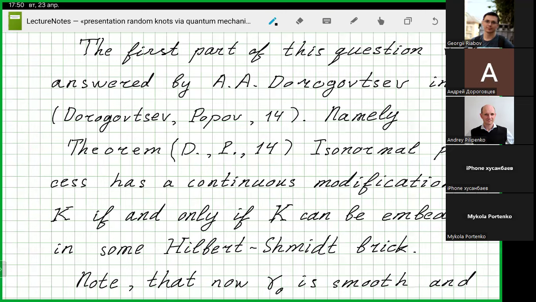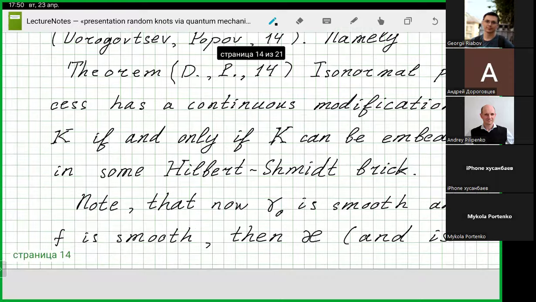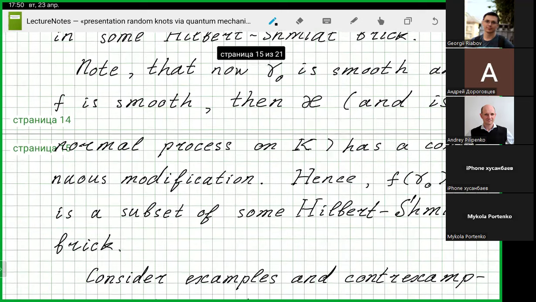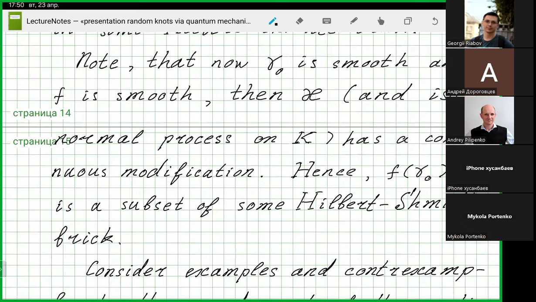Now suppose that gamma 0 is smooth and F is smooth, then kappa has a continuous modification. Hence, F of gamma 0 is a subset of some Hilbert-Schmidt brick, by the way. So the smooth image of any smooth curve from R3 to Hilbert space can be embedded in some Hilbert-Schmidt brick.